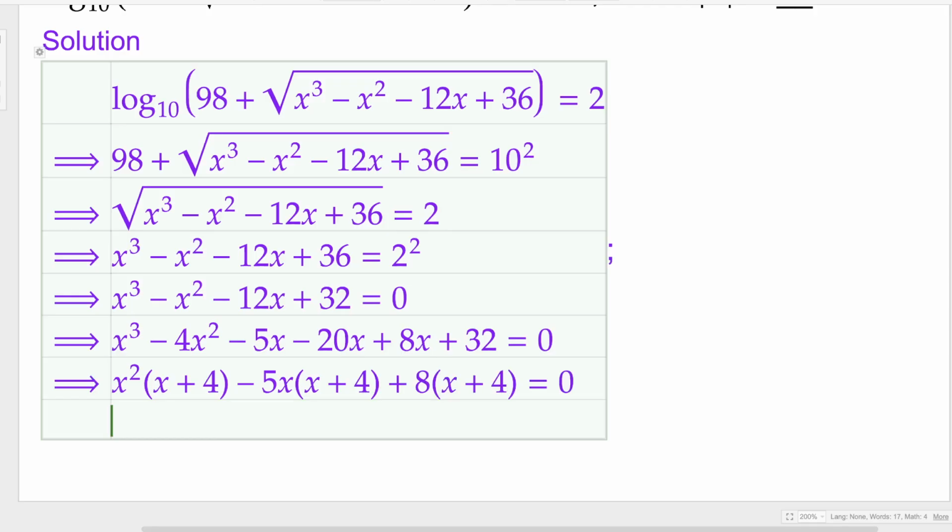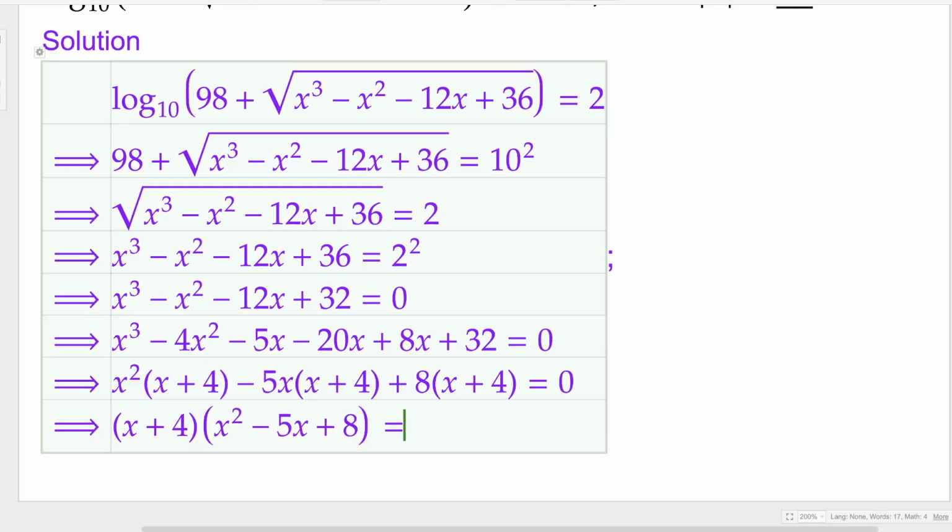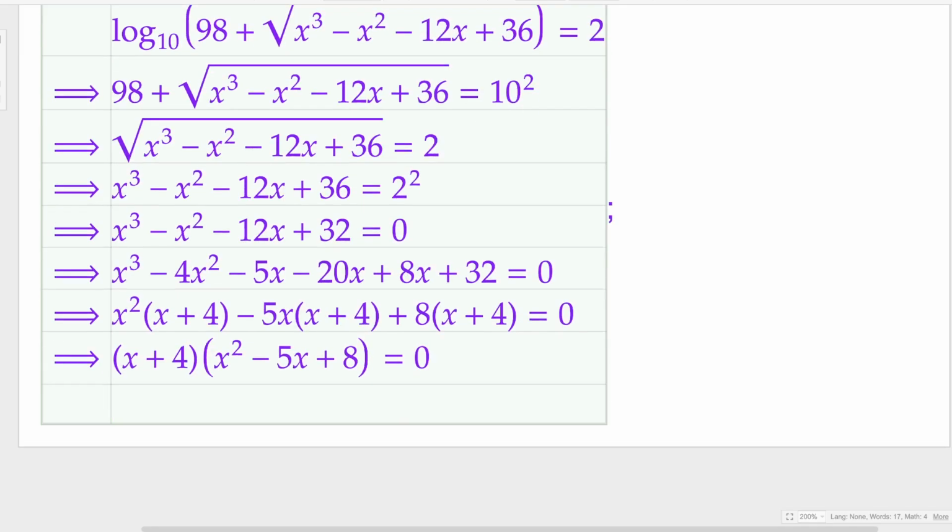So now if you observe, x plus 4 is the common factor. So here we have a linear factor, x plus 4, times the quadratic factor, x squared minus 5x plus 8, that is equal to 0. Now from this, x is equal to negative 4.